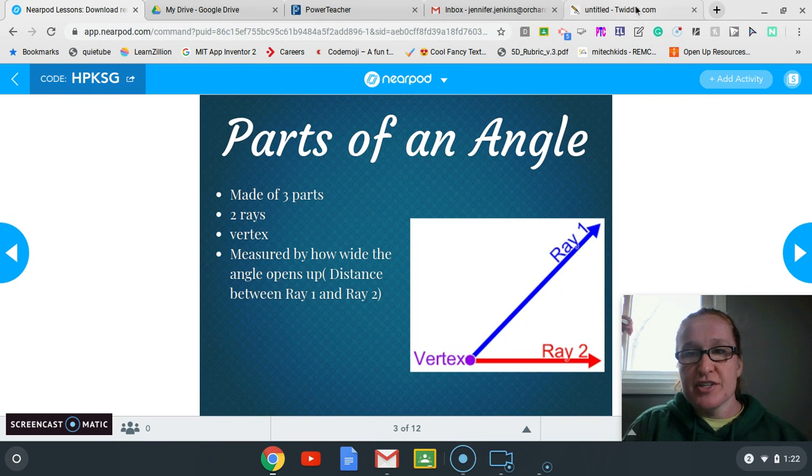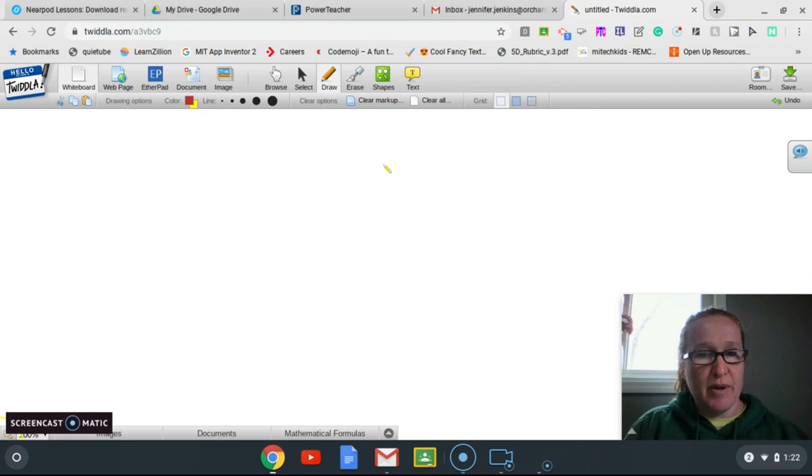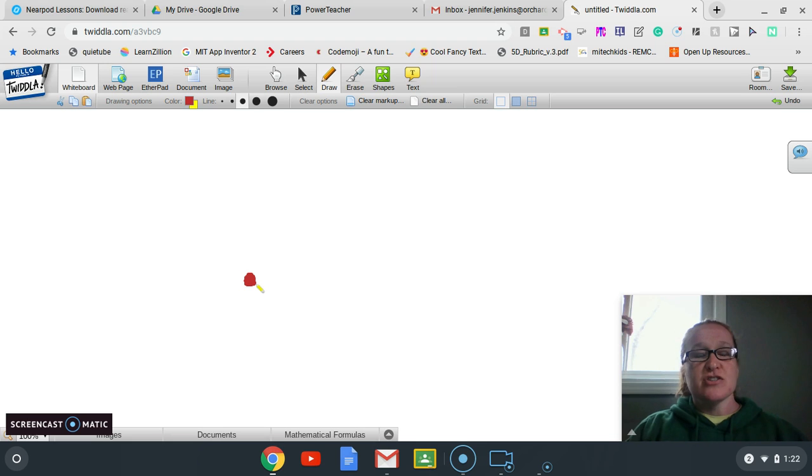I want to draw this real quick to talk a little bit more about rays. So I'm going to open up this page here. If I draw a vertex, okay, my drawing skills are not the super best. So there's a vertex. Rays will come out of the vertex. So you're thinking of your angle, and then you have two rays that come out.